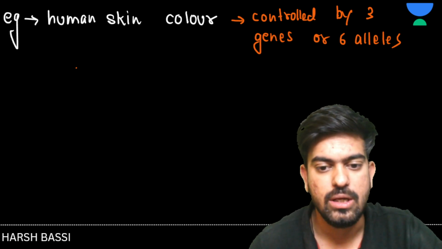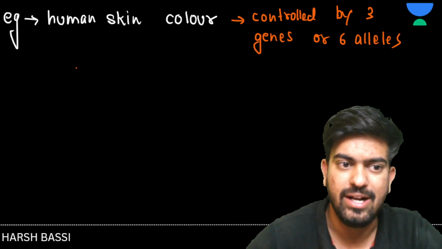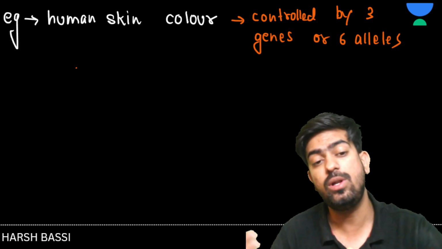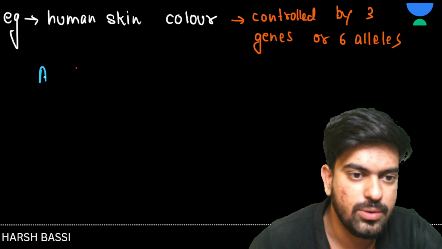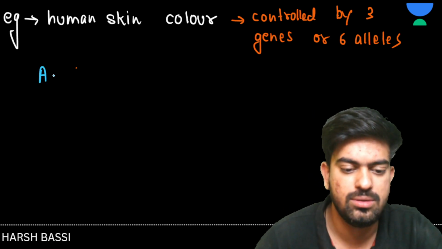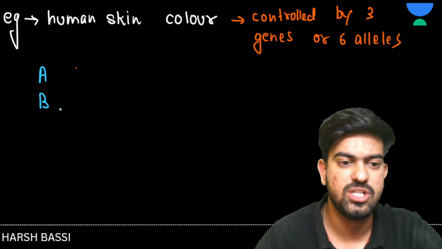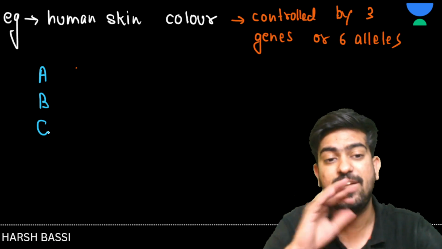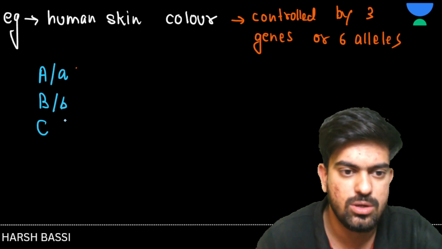Now let's move forward and know what genes are controlling the human skin color and how. Capital A is one gene, capital B the other gene, and capital C the other gene. Their alleles will be small a, small b, and small c.